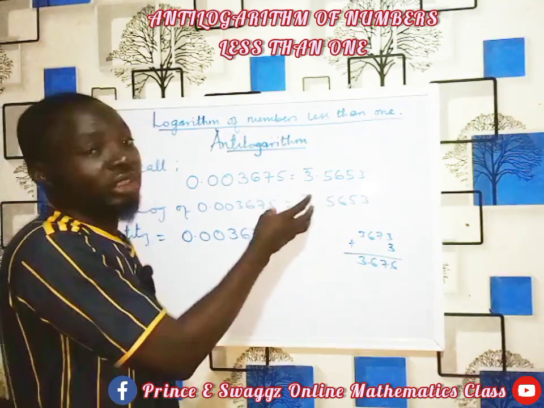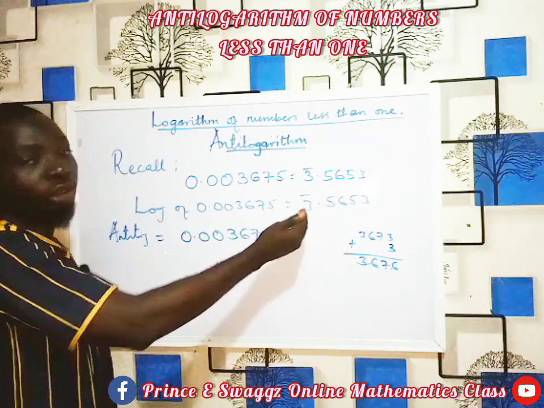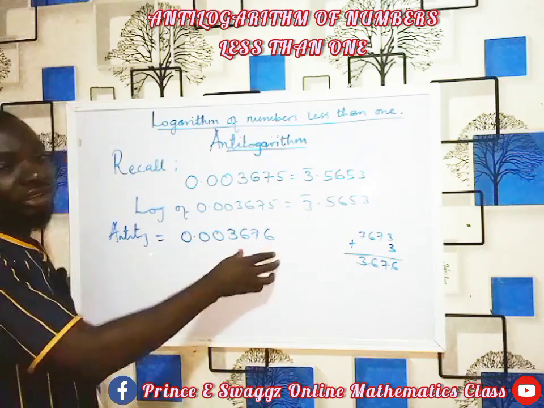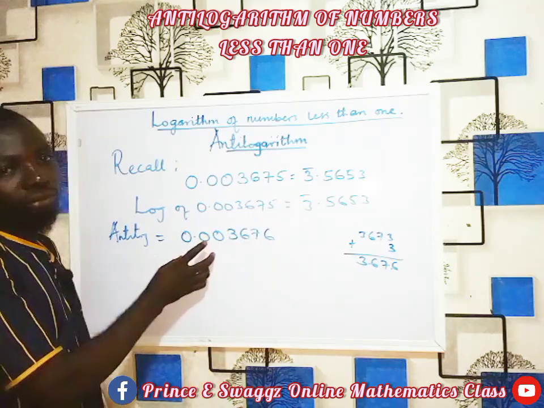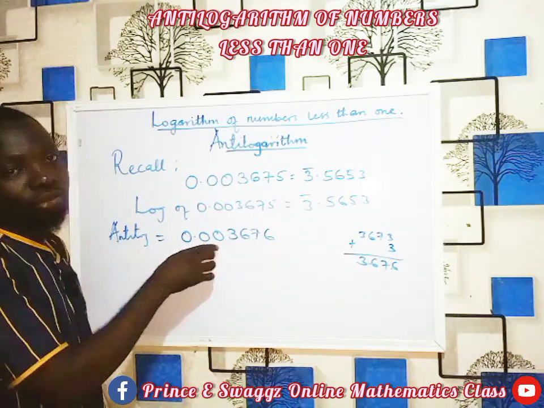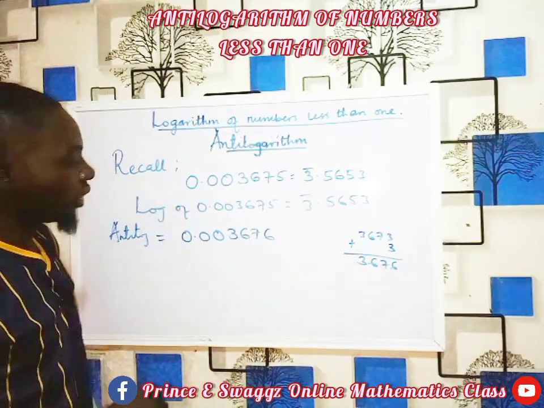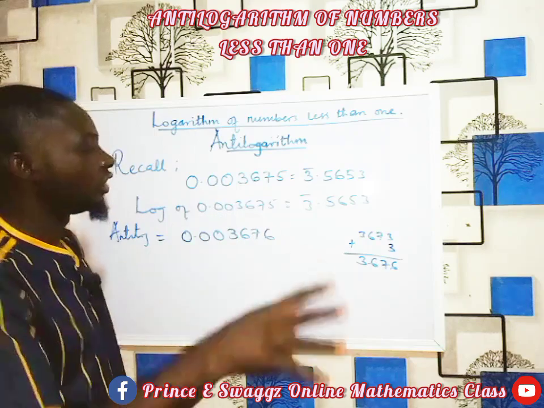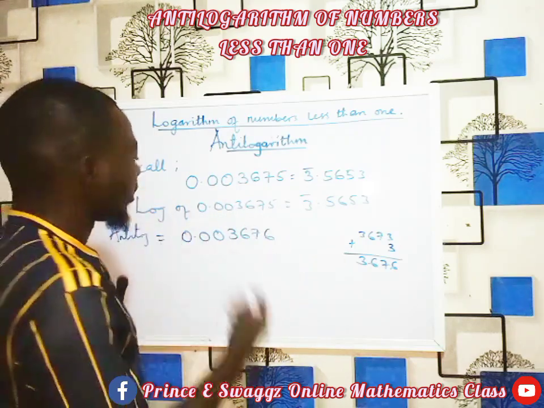Once the integer is negative, you add a certain number of zeros before that antilog value. This is bar 3, so I'm adding 3 zeros before it. If it is bar 4, I'm adding 4 zeros before it. That's how to get the antilog of logarithm less than 1.